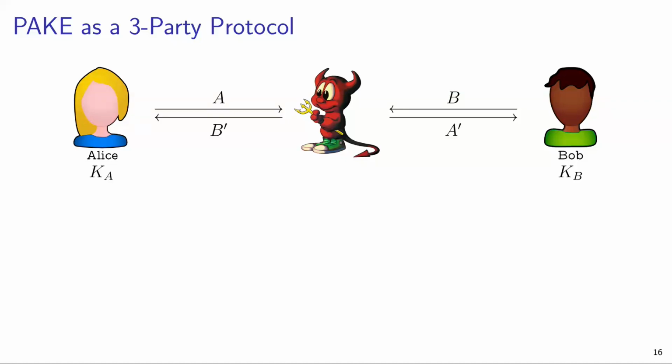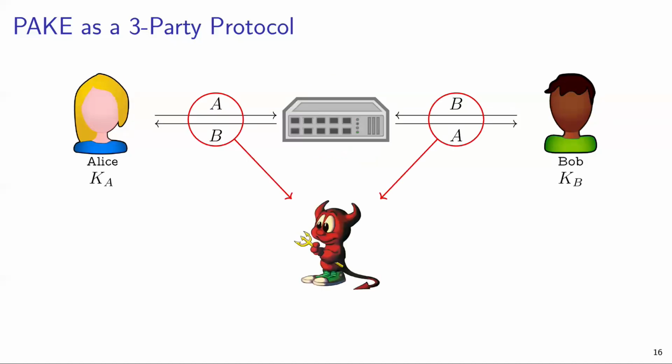So maybe a slightly more realistic model is that Alice and Bob are talking to each other over some untrusted network, illustrated as a router here. When the router is working properly, the adversary can only eavesdrop on the messages passing through. It cannot actually change the messages. But if the adversary corrupts the router, then it can modify the messages arbitrarily, as with the unauthenticated channel.